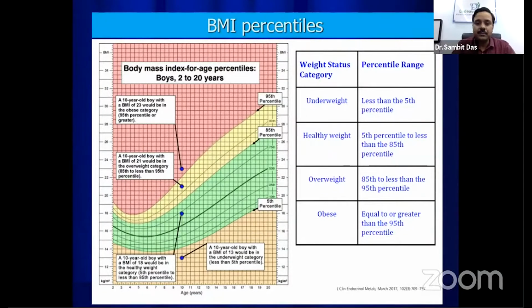As per the Endocrine Society Clinical Practice Guideline, from 2 to 20 years of age, we can plot in this age-specific BMI graph, where the normal BMI is between the 5th and 85th centile, from the 85th to 95th centile it is overweight, and more than the 95th centile is obese. So if a 10-year-old boy comes with a BMI of around 22, he might actually be obese, not overweight. That's how the BMI cutoff may predict differently, and we have to plot in this particular graph properly.